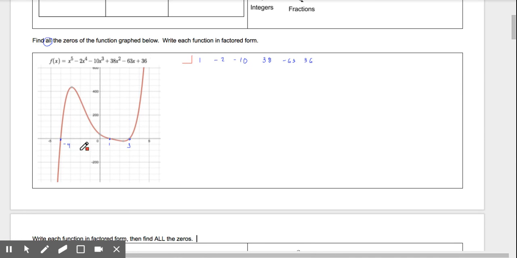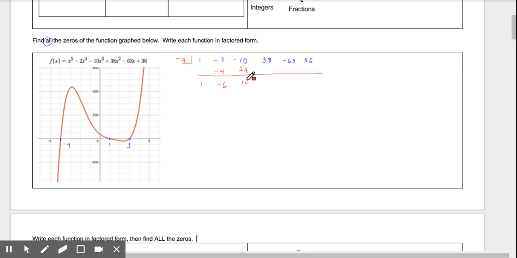Now we can put -4 because we know -4 is a zero. We bring down 1, -4, -6. -6 times -4 is 24.